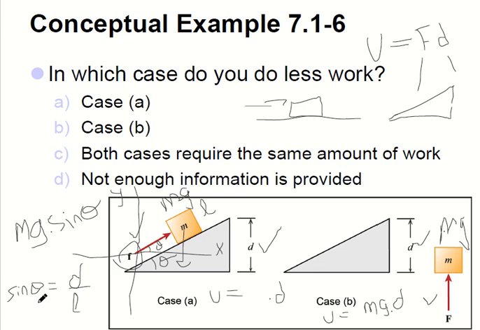So from here you do your algebra, and I would just write it: L is D divided by sine theta. I'm going to write it here: L is equal to D by sine theta.